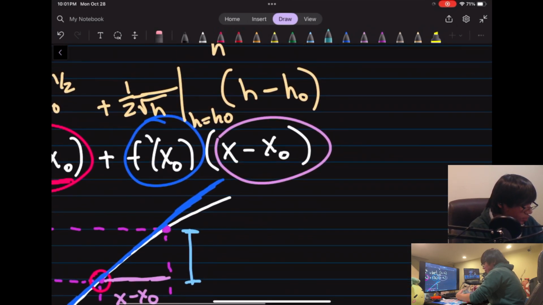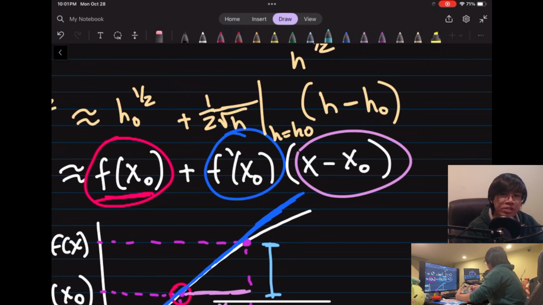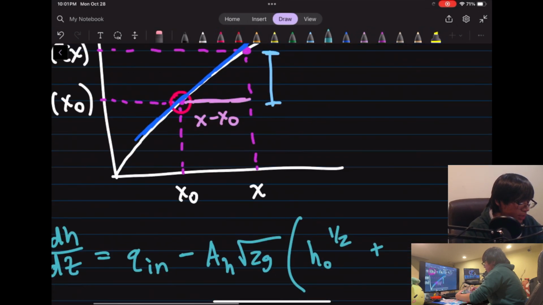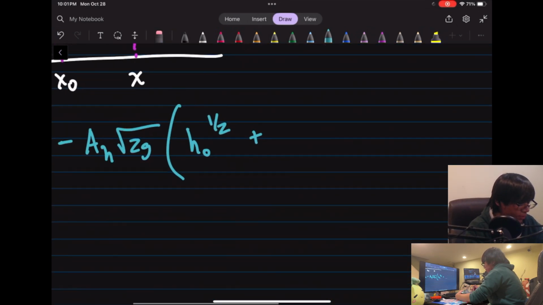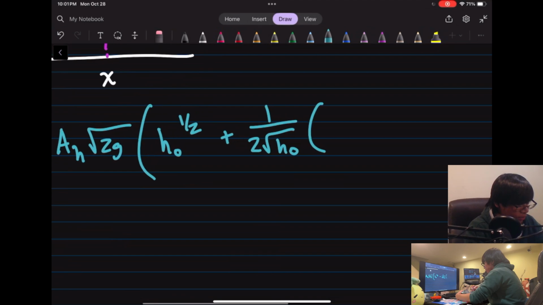So now we can actually evaluate it, meaning I just plug in h naught for our h there in the 1/2 square root h. So that's our derivative of our function. That's our slope. So I plug in h naught here, and then we multiply by how far we traveled, which was h, which is still a dependent variable, but now it's linear, minus how far we went from our point of expansion, which is just the difference between these two.